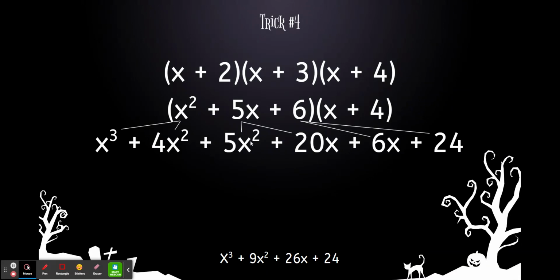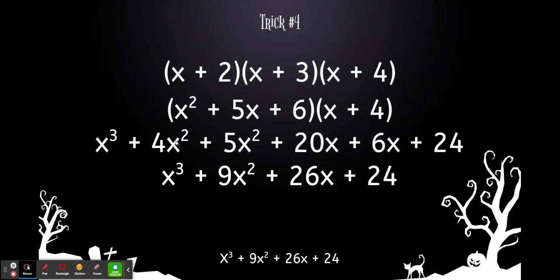We can extend that all the way through, and we get this big, long expression here, x to the third plus 4x squared plus 5x squared plus 20x plus 6x plus 24. Some of these terms we can combine. Combine these to make 26x, and you can see that x plus 2 times x plus 3 times x plus 4 works out to this right here, which, hey, that matches exactly where we got with the first directions.